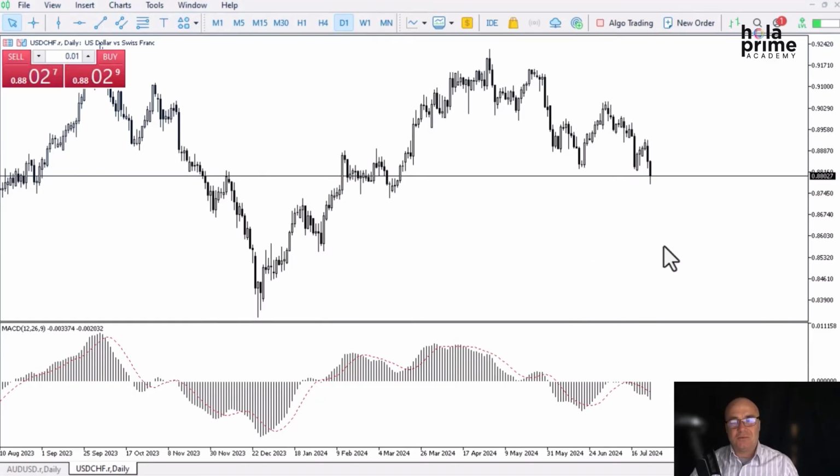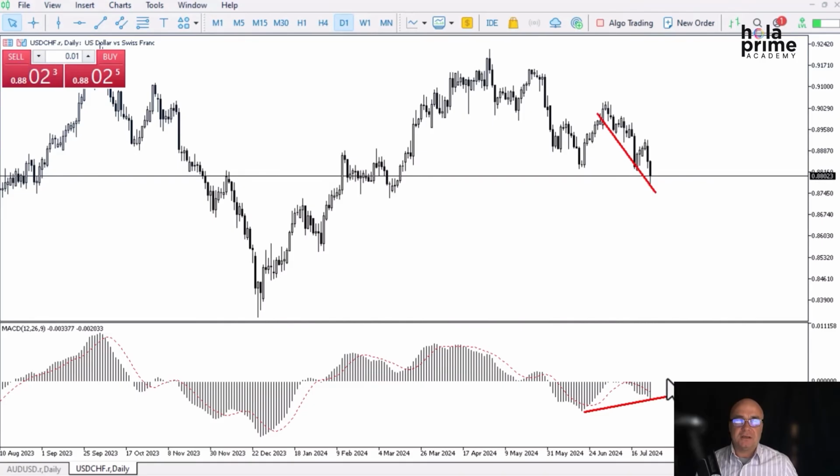And typically for a divergence trade, we pay attention to the histogram. So notice that the histogram is rising while price and the US dollar against the Swiss franc is falling. This is a sign that perhaps something's about to happen. Perhaps you're running out of momentum to the downside.